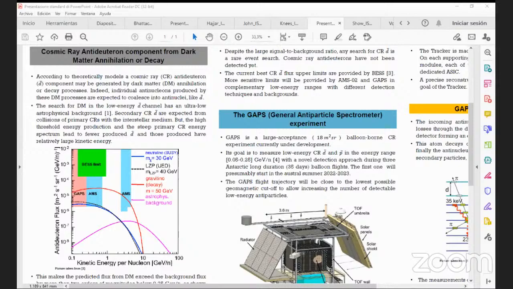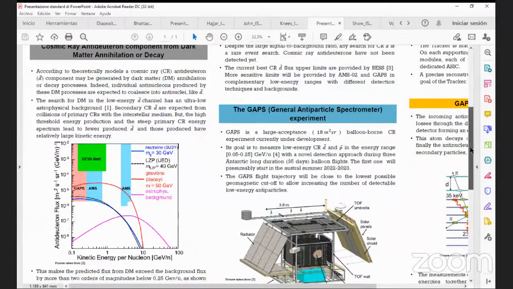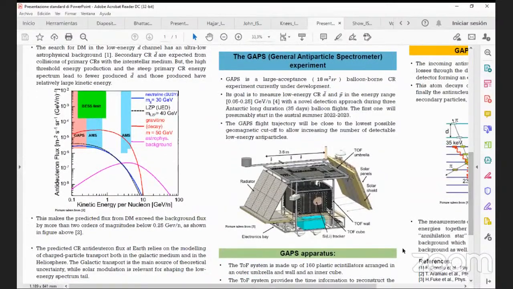As we can see in the plot at left, we have 3 fluxes for the anti-deuterons reproduced by 3 different models of dark matter annihilation or decay. And they are compared with the magenta line, which is the astrophysical background from secondary production of anti-deuterons in cosmic rays.